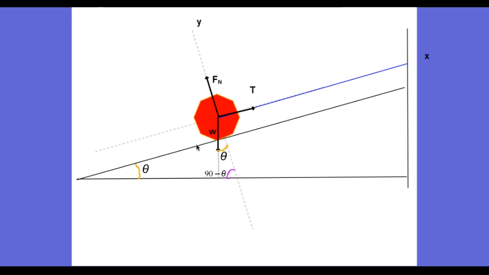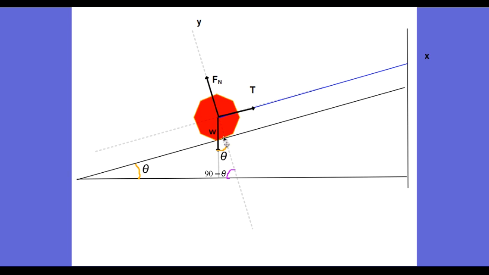If you look at this large right triangle that includes this dotted line, between the solid line and the dotted line right in here where I'm pointing, that's a right angle. So if this is theta, that means this angle here that I've drawn with purple is 90 minus theta.